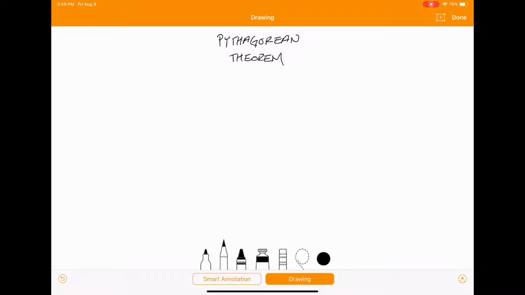All right, so this theorem says when you have a right triangle, the length of the vertical side is A, length of the horizontal side is B, and then the length of your hypotenuse is C. This is your hypotenuse.